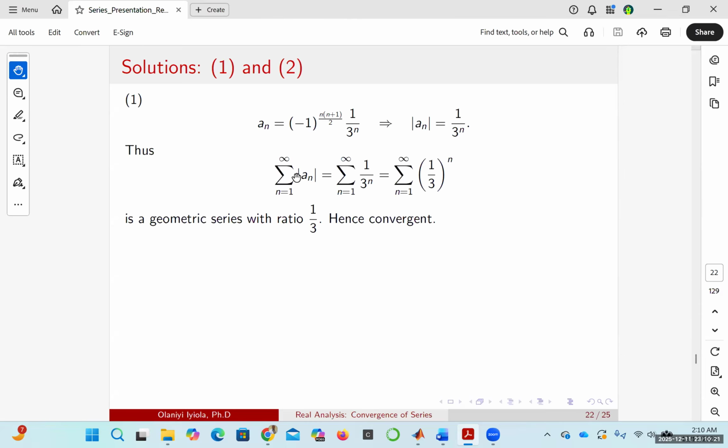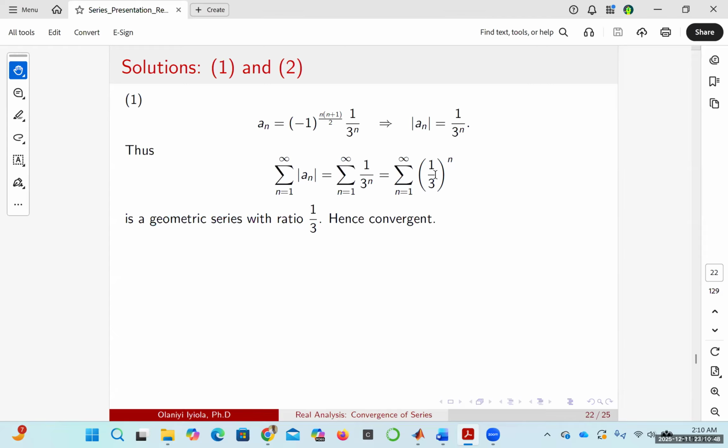Now the series of the absolute value of a_n is simply the series of 1 over 3 to the n. I can pull everything together in parentheses. So I'm going to have the sum of 1 over 3 to the power n. Obviously, this is a geometric series, where the ratio is 1 over 3.